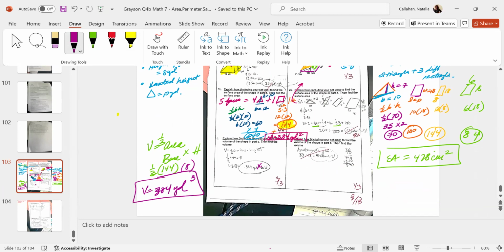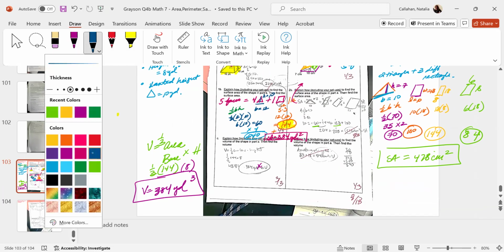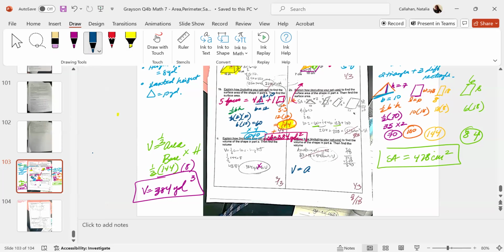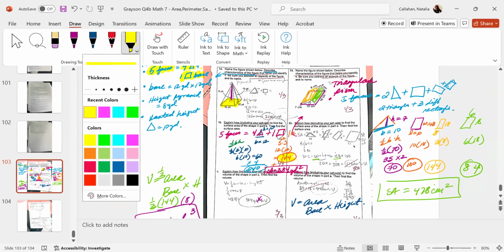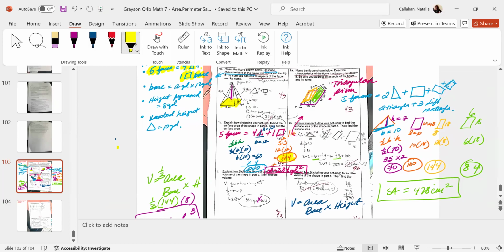Right? Okay, describe how you find the area or volume of the triangular prism. It's not pointy, so it's going to be what? Area of the base times height. What is the area of the base again? What shape is it? Triangle. It's a triangle, correct?